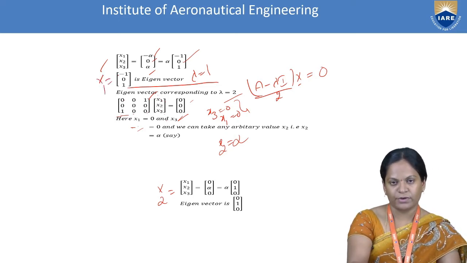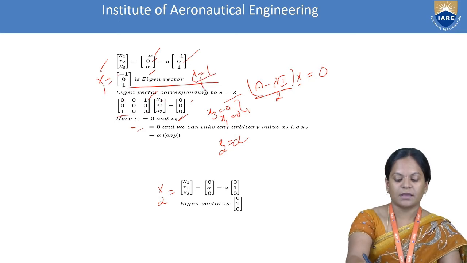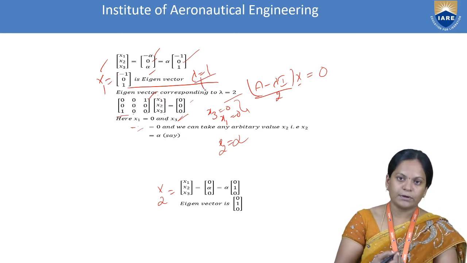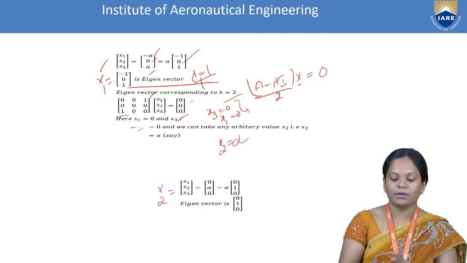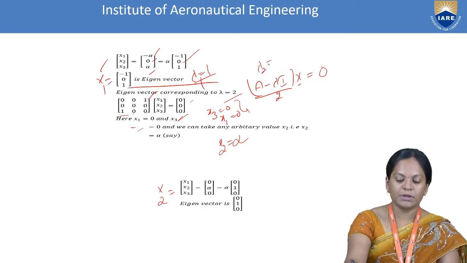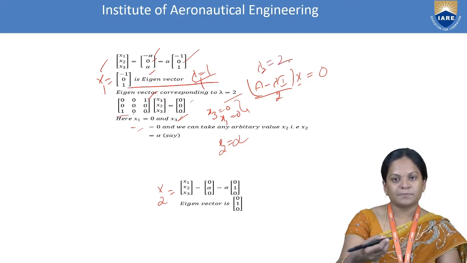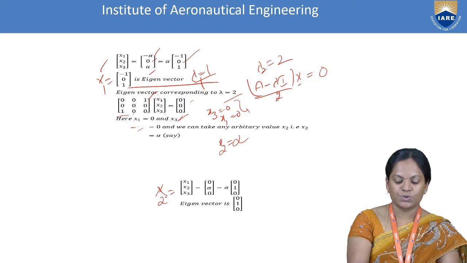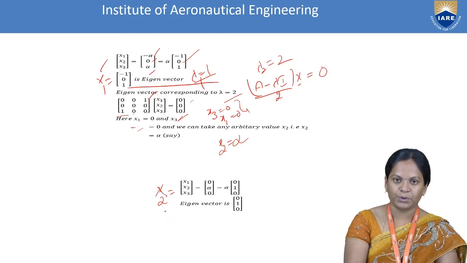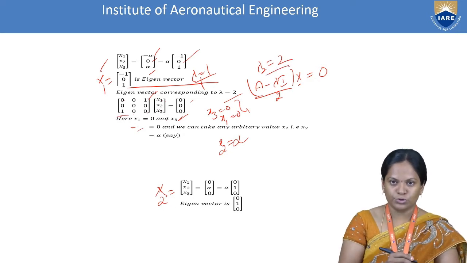X1 is the first eigenvector corresponding to the first eigenvalue lambda 1 equal to 1. For the second eigenvalue lambda 2 equal to 2, the corresponding eigenvector is X2. X2 is nothing but the second eigenvector corresponding to the eigenvalue lambda 2 equal to 2.